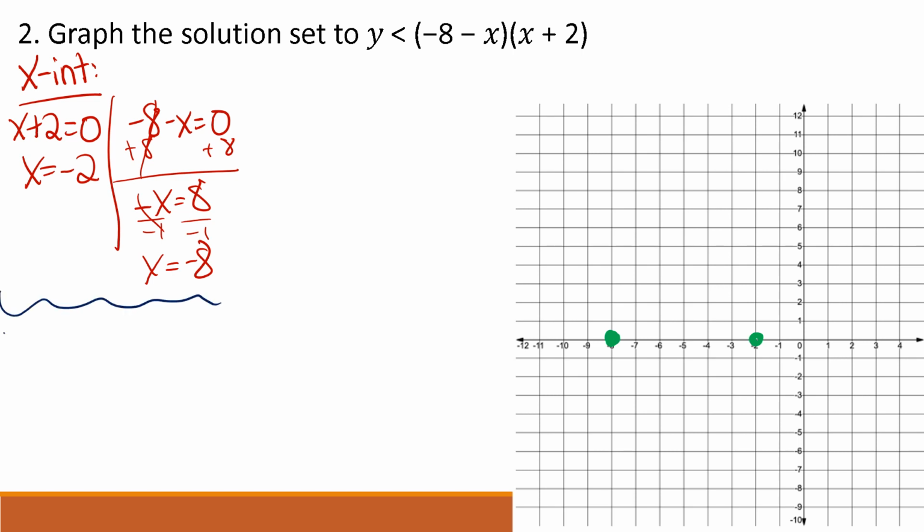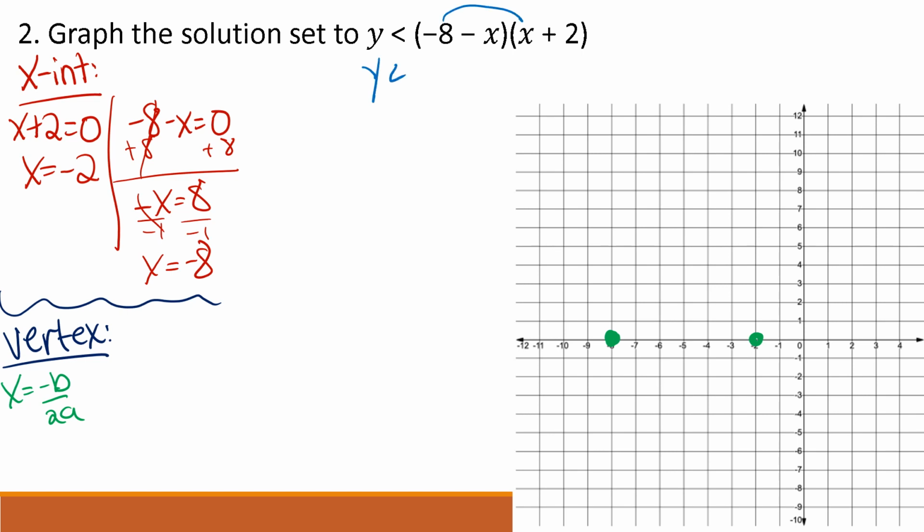All right, so next we want to find our vertex. Now we want to use the x equals -b over 2a formula, but we can't see b and we can't see a when it's in this form, so we need to FOIL it out and change it to standard form. So we're going to FOIL this out.